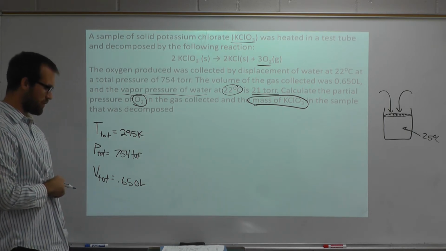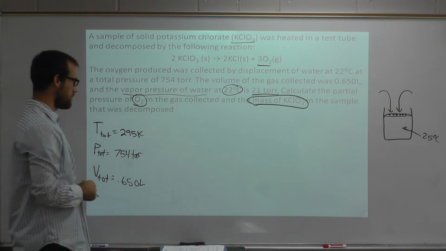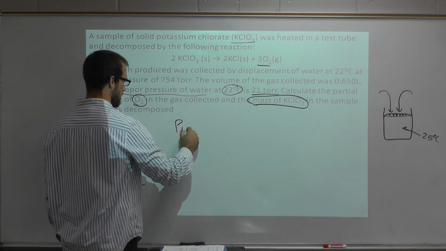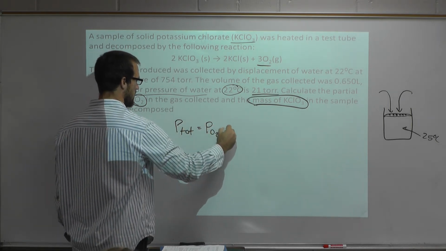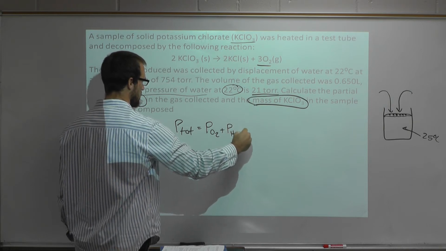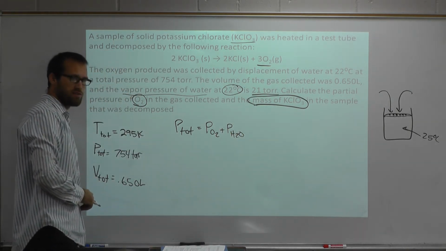So it's really twofold. Partial pressure of O2 is really easy in this context. Pressure of O2 plus pressure of H2O. Do we know the total and the H2O pressure? Could we find the oxygen pressure in that?